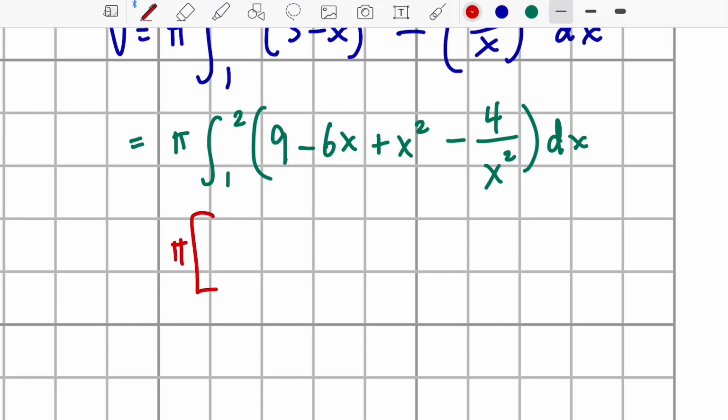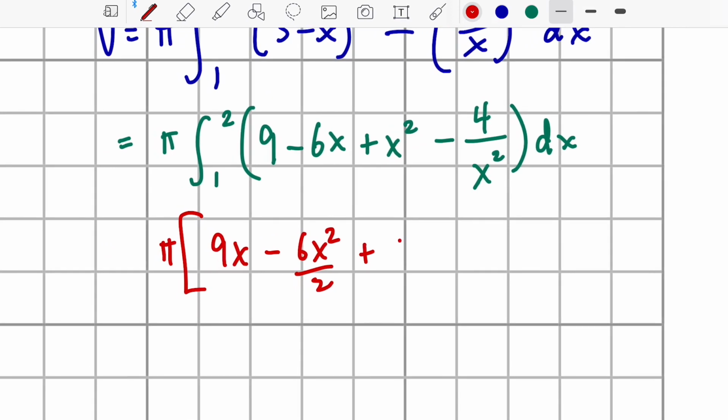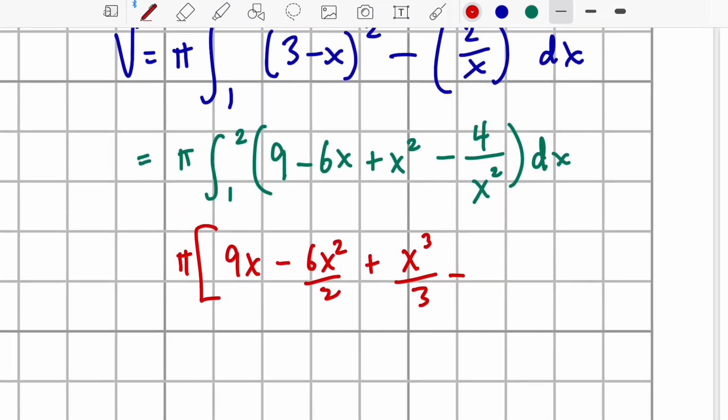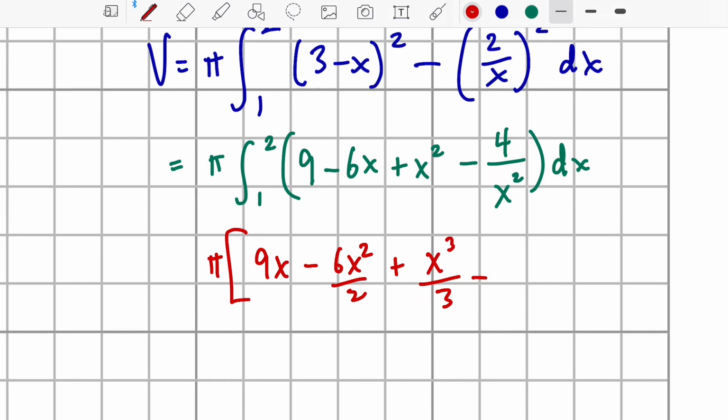So pi, the antiderivative of 9 is going to be 9x minus, the antiderivative of 6x is going to be 6x squared over 2, and we'll reduce it right now, plus the antiderivative of x squared is x cubed over 3, minus, now let's see, a little side note: think of 4 over x squared as 4 times 1 over x squared.